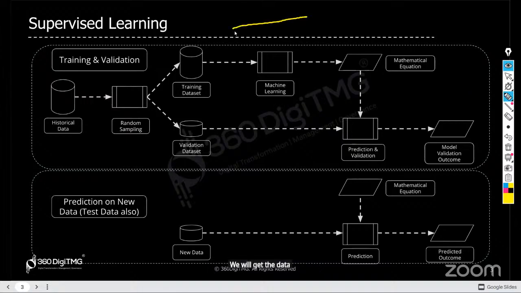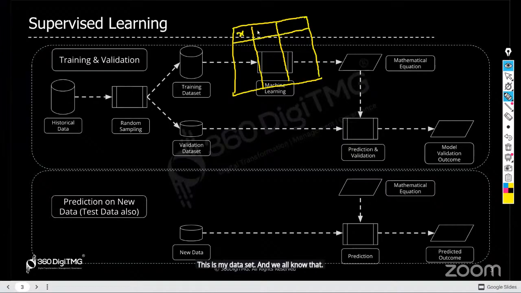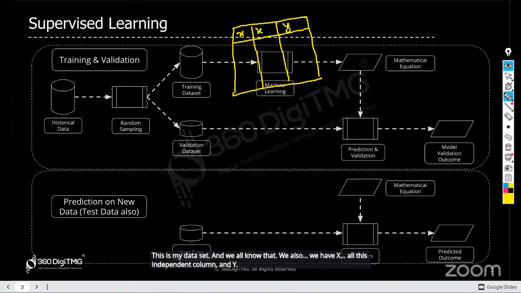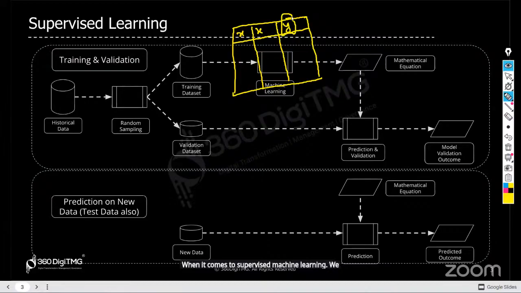Let's suppose I got the data. This is my data set. And we all know that we have X, all these independent columns, and Y. When it comes to supervised machine learning, we have Y. If Y is given, we will go for a supervised machine learning model.